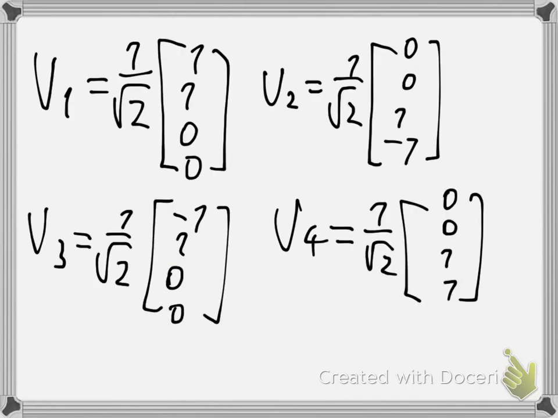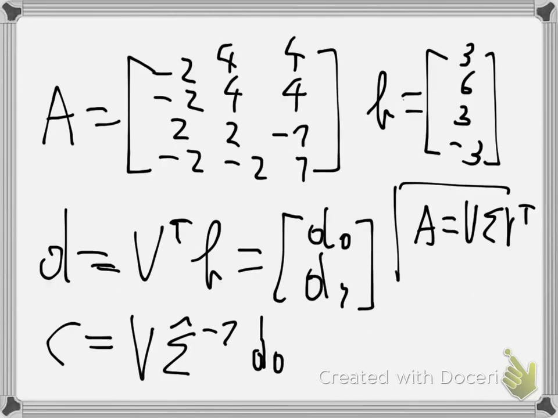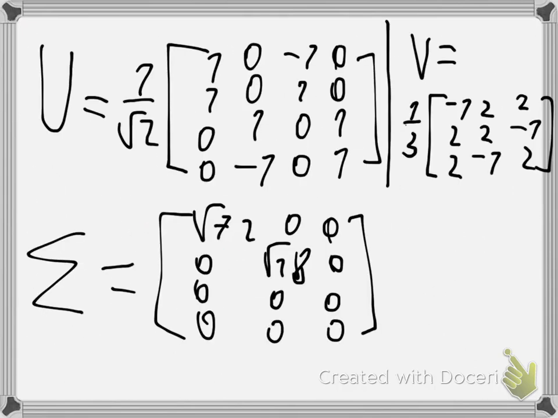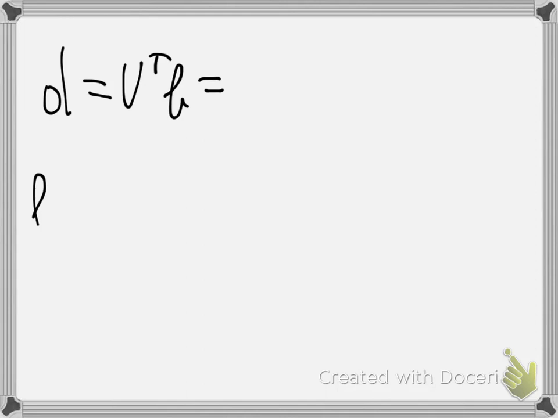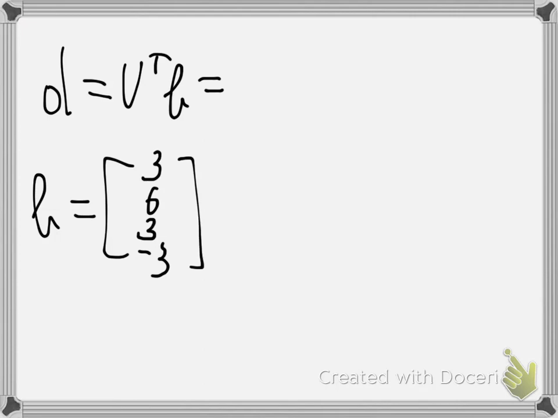Now we can find D, which is given by U transpose B. If you calculate that, remember B is given by 3, 6, 3, negative 3. And U transpose, you just take the transpose.